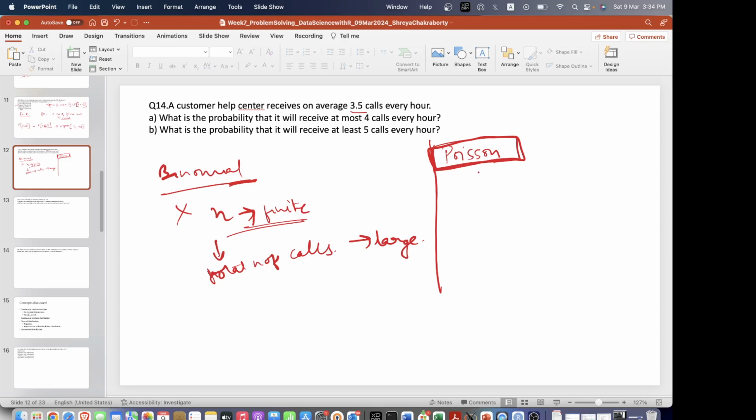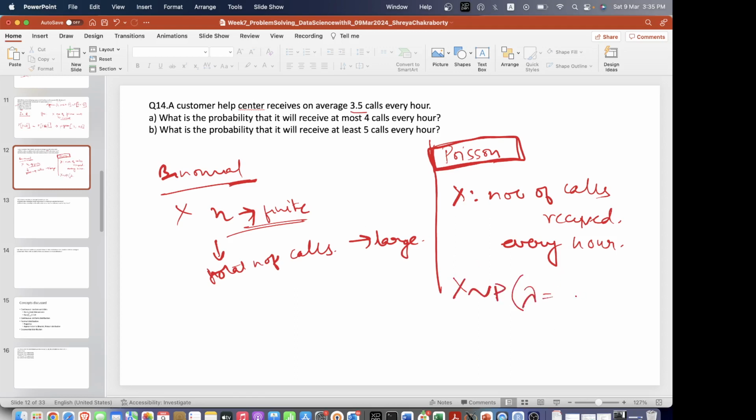Okay. So if X is the number of calls received every hour, then it follows a Poisson distribution with lambda equal to 3.5.